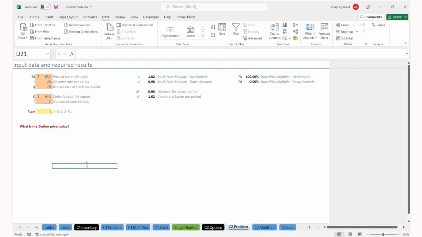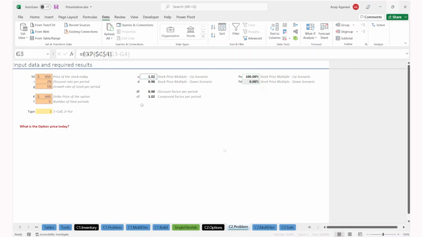So from the beginning of January, the stock can only have two outputs. Either it can go up or go down, and these are the probabilities of it going up or down. And then this is the multiple by which it will go up or down. I'll just change these numbers. Give me a moment here. Something is wrong on these cells.